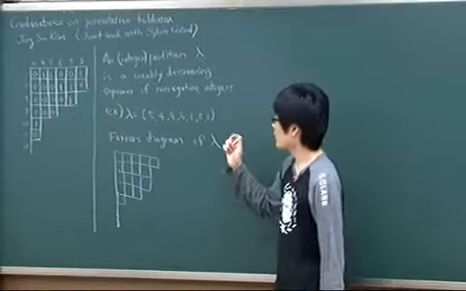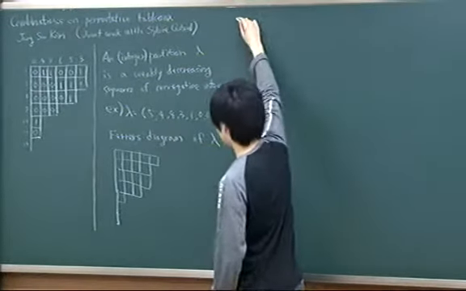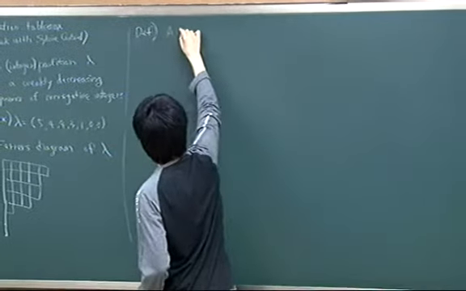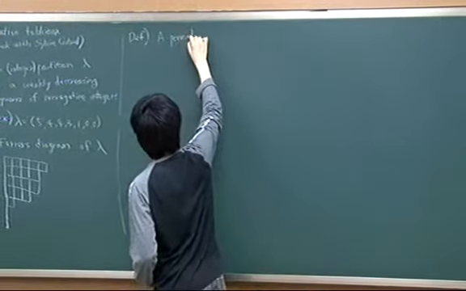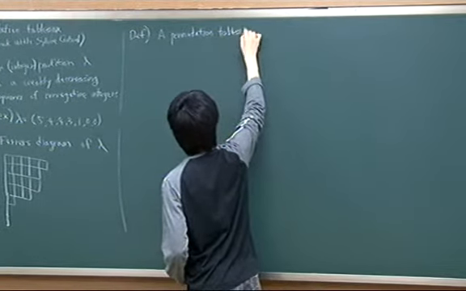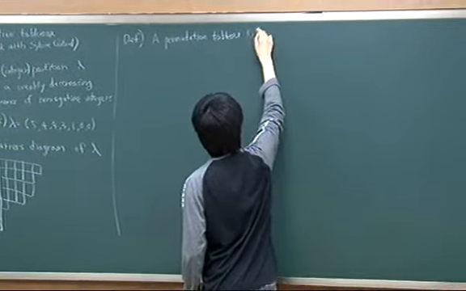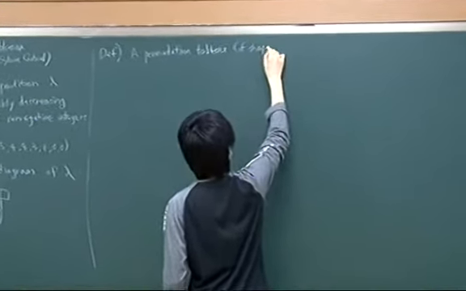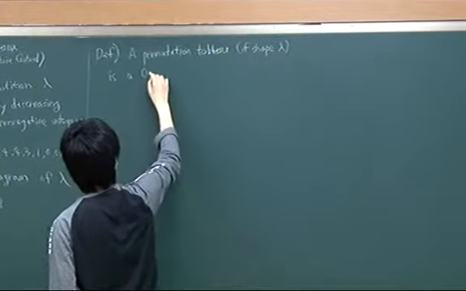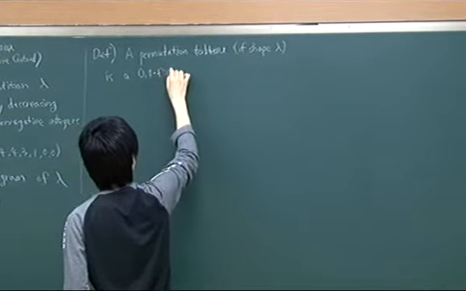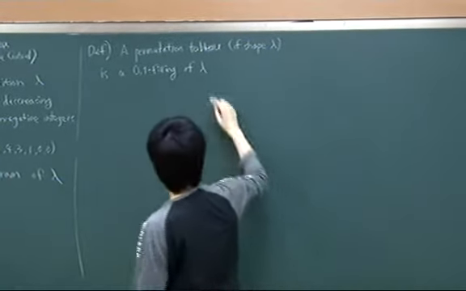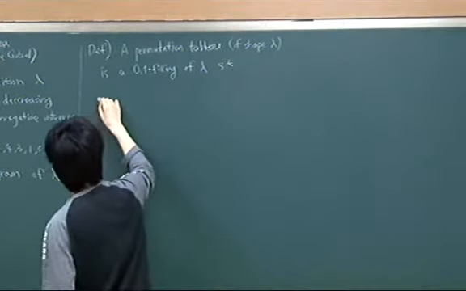Now the definition of permutation tableau is the following. A permutation tableau of shape lambda, where lambda is a partition, is a 0-1 filling of the Ferrers diagram of lambda with certain conditions, such that we have two conditions.